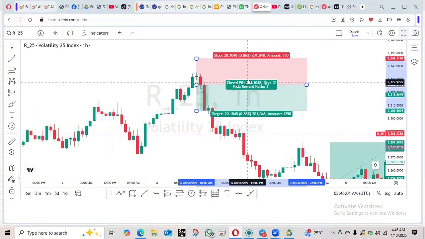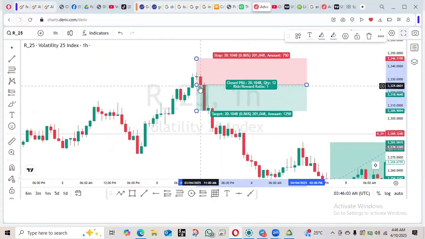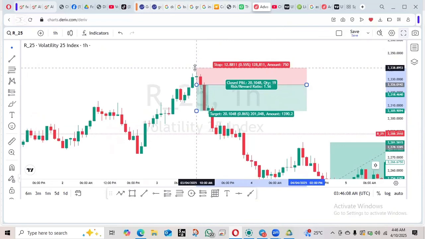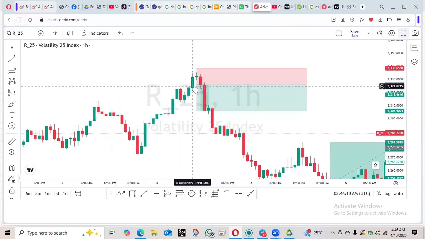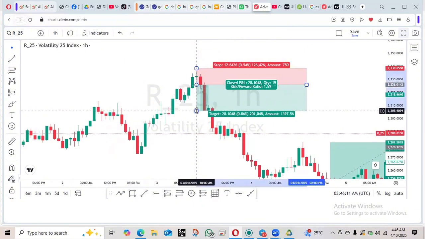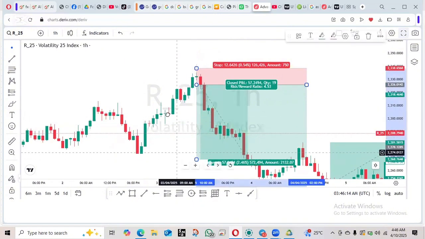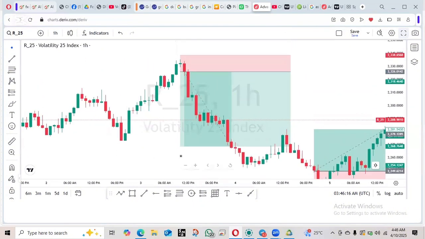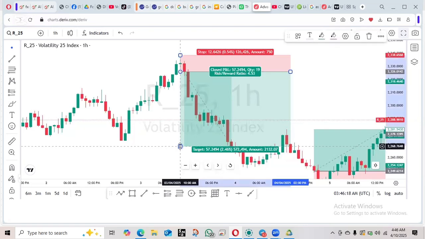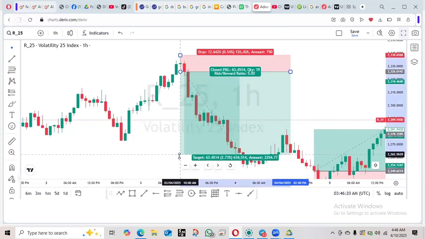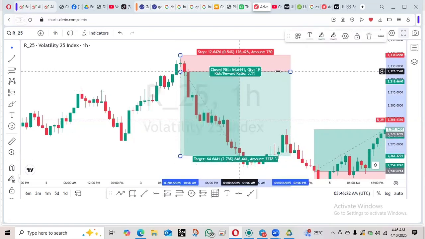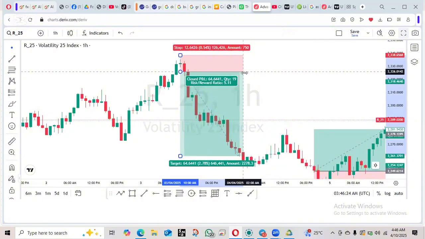So place your entry at the close of this bearish candlestick. Place your stop loss above the highest candle, and then take your sell. You can go for 1:2 or more. In this case, you have up to 1:5, right?